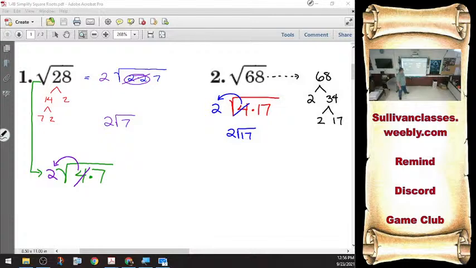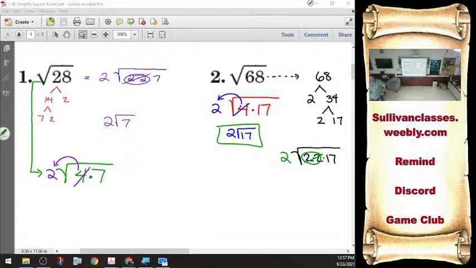No. So now I can rewrite this 68 as 2 by 2 by 17. And I look for a pair. I see a pair of 2's. One gets out of radical jail. In either case, I still end up with 2 square root of 17. 2 on the outside, 17 on the inside.